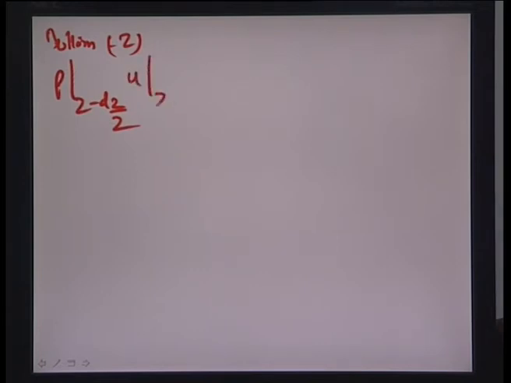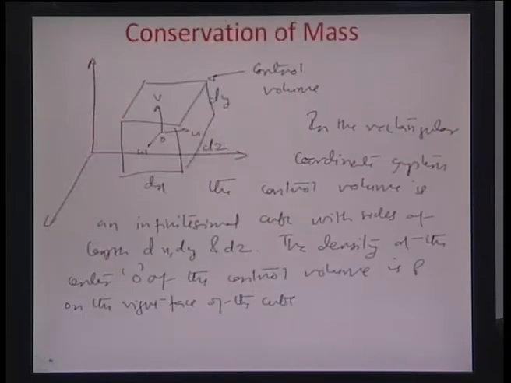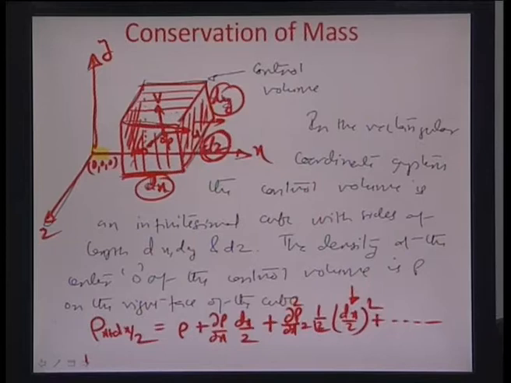Similarly, we do the same for the face pointing towards the minus z direction, and here we can write the expression as rho at z minus dz by 2 times w at z minus dz by 2 times, because this is the z direction, again the area which would be representing this is dx times dy.